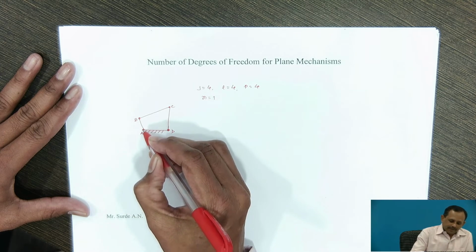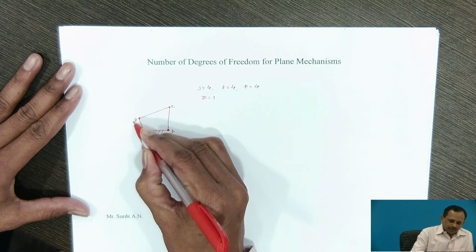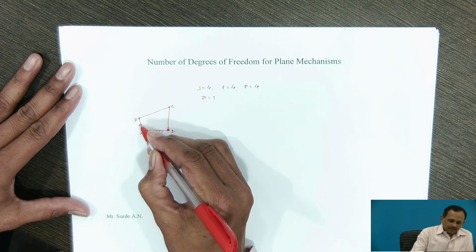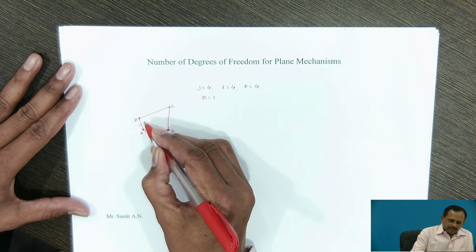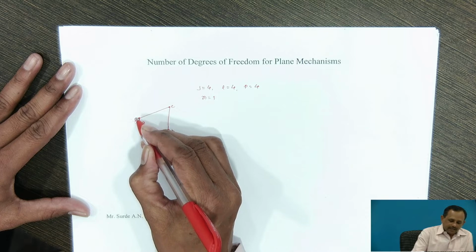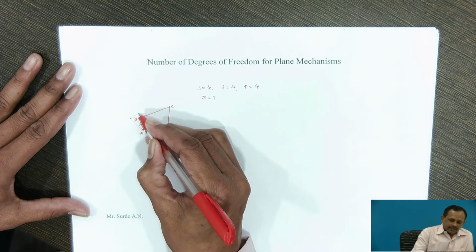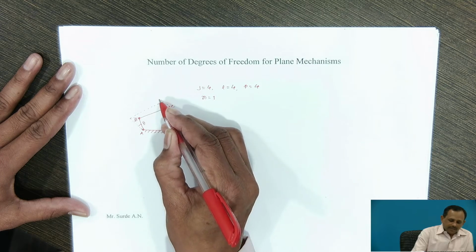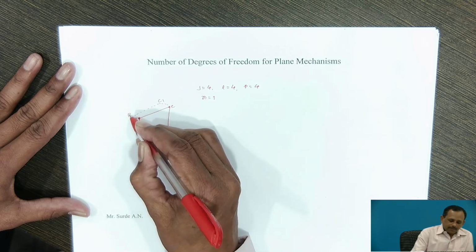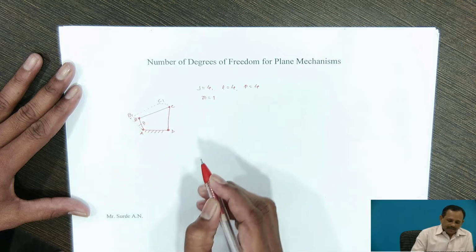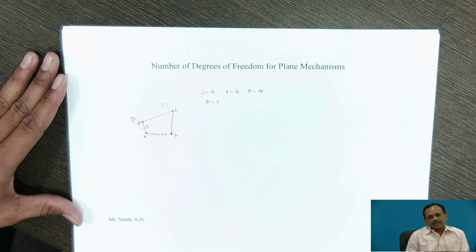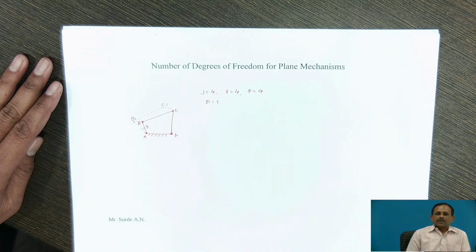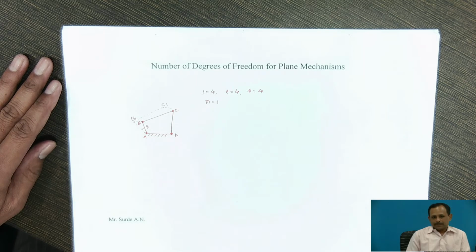If we give some input motion to one of the links, that is, AB is rotated through a certain angle theta, then the relative positions of link BC and link CD can be determined, and hence a 4-bar chain has a single degree of freedom.